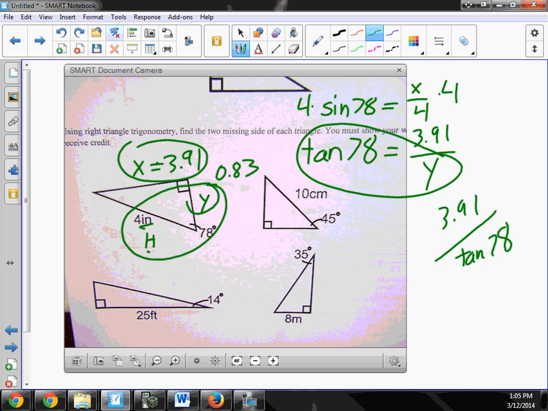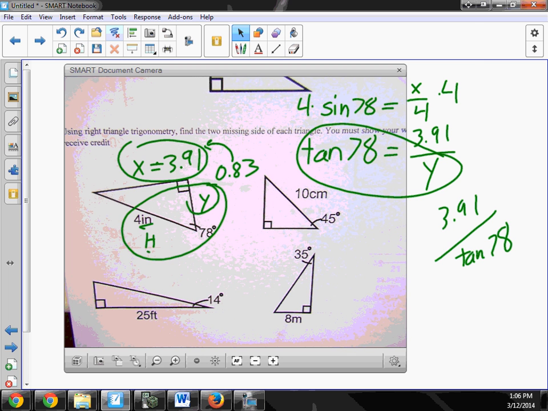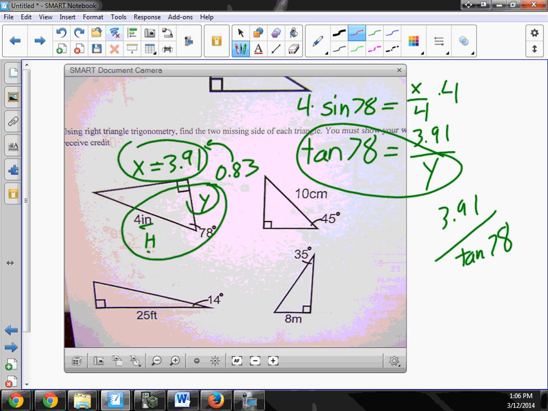Well, the picture I drew is nowhere near to scale, that's like 5 times bigger. It has to do with the angles. So the biggest side in a triangle is opposite the biggest angle. So the biggest angle is the 90-degree angle. So 4 is bigger than all the other sides. Yes?